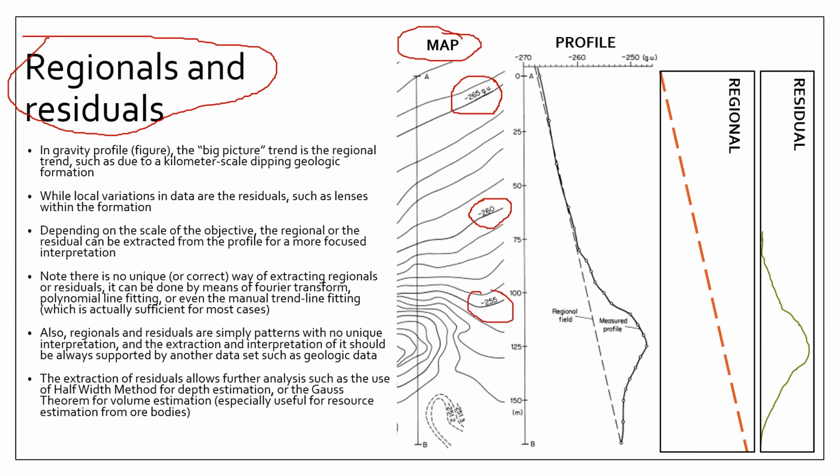So you have negative 265 GU, negative 260, negative 255, and so on. So this is all about anomalies, or this is relative. This is a map showing the relative gravitational measurements in a given area.